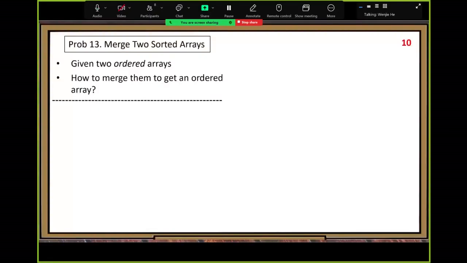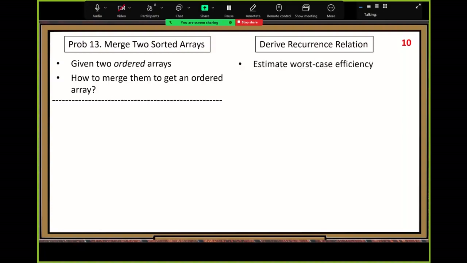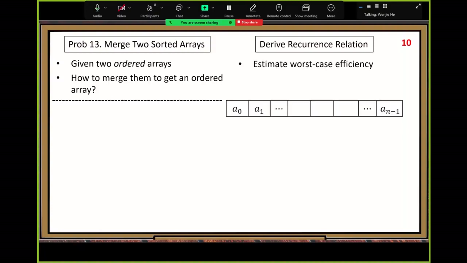In order to estimate the growth function, we need to derive the recurrence relation for the merge sort. It's pretty straightforward. So let's estimate the worst case efficiency.